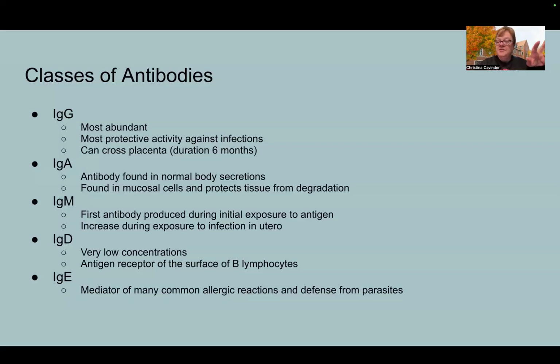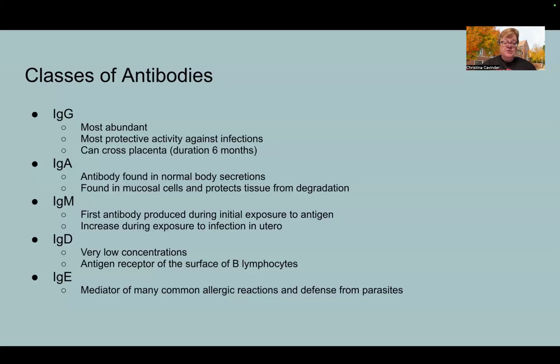Like I said, they don't last very long, a month to 6 months. And so the child's protected now, but later on, may not be protected. If you see an elevated IgM, that means that they've been exposed recently or they've had the disease recently. So just know the difference between the two.